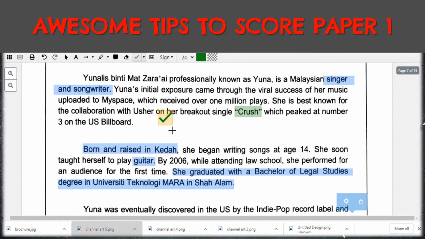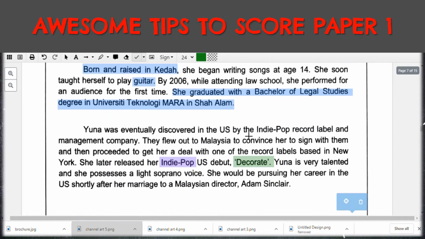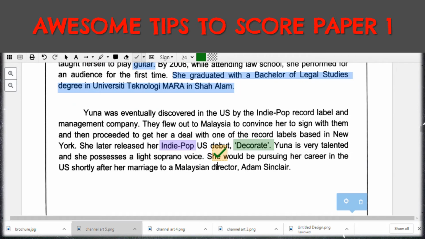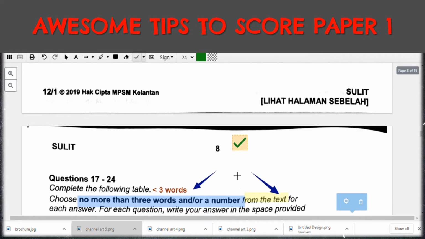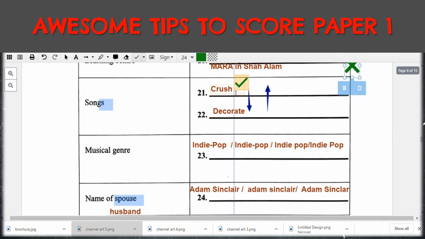She is best known for the collaboration with Usher on the breakout single Crush. This is the first song, Crush. And the second song is Decorate. This is the name of the song, with big D and big C. So, Crush or Decorate, these two are interchangeable.